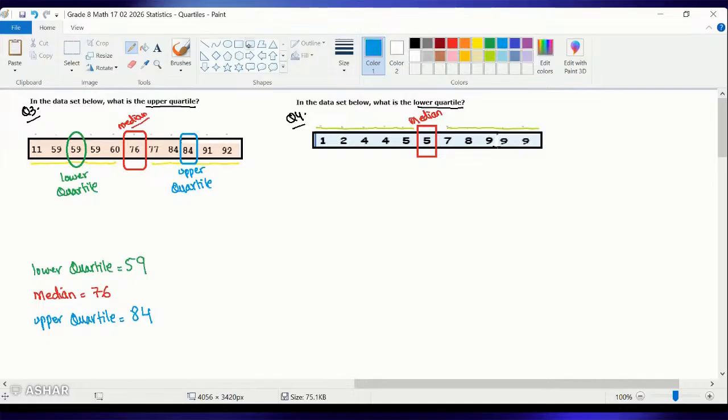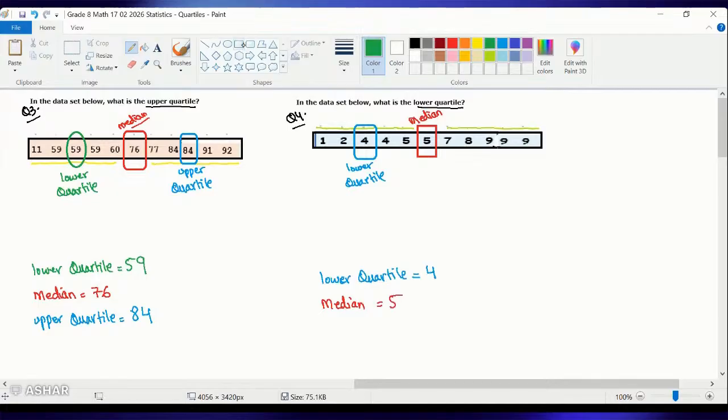On the lower end, if there were 5 values, we'll take the middlemost value. This is our lower quartile. So we can say the lower quartile for this data set is 4. The median, the middlemost value, was 5.